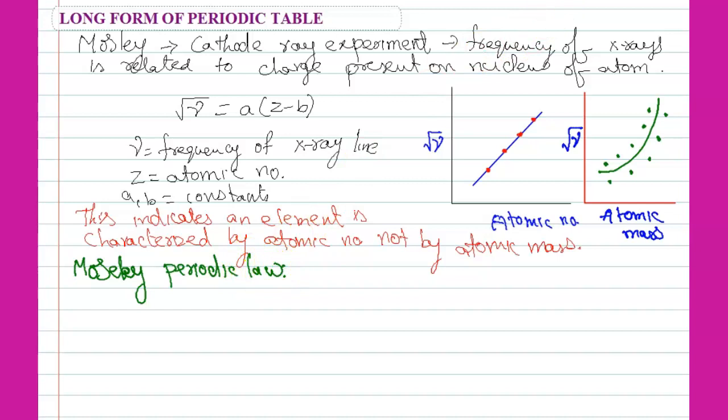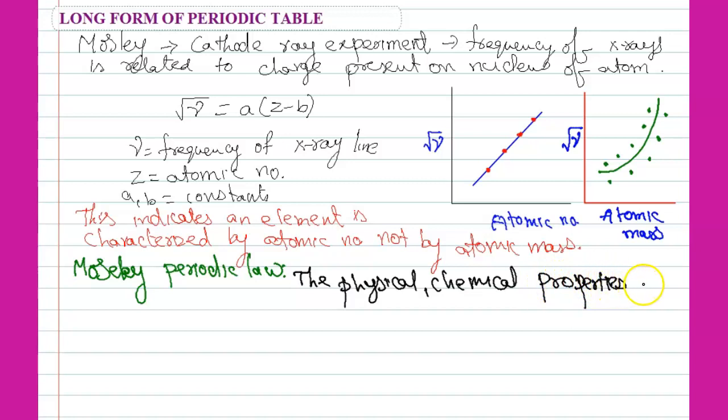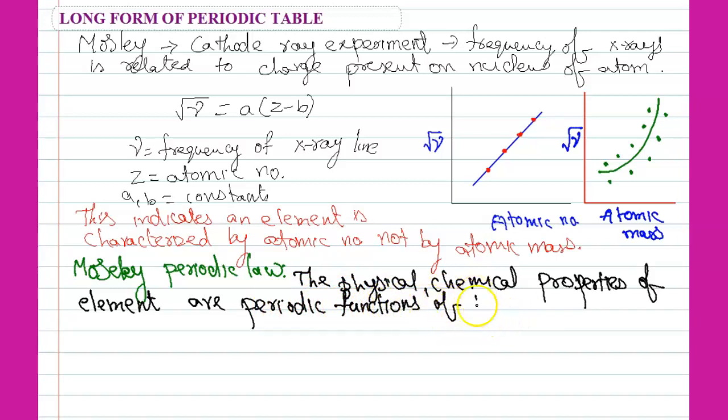So what he gave is: the physical and chemical properties of elements are periodic functions of their atomic number.